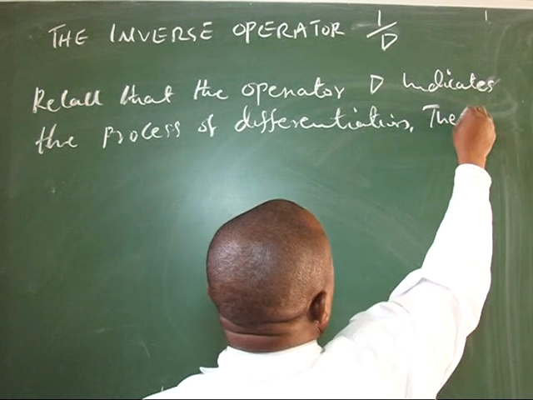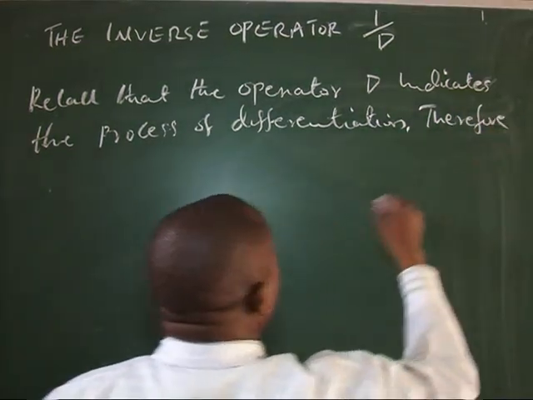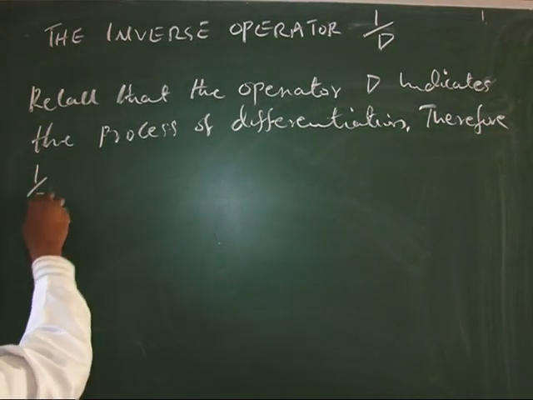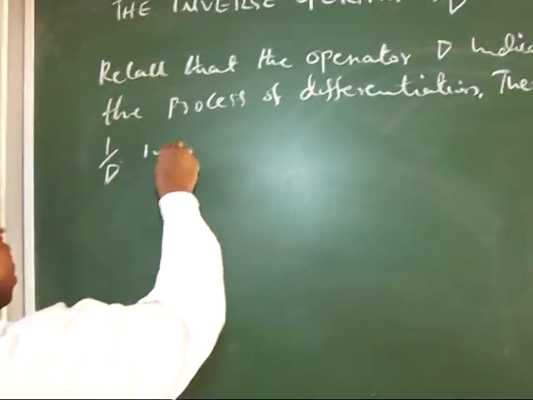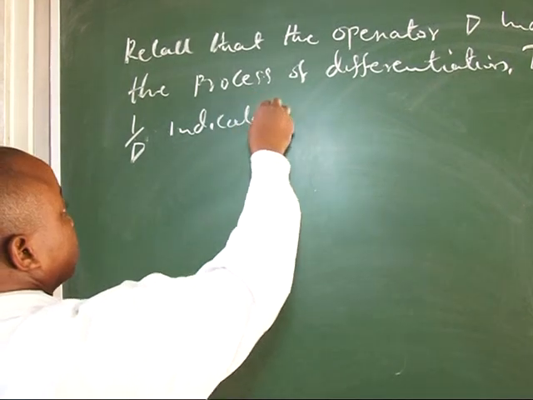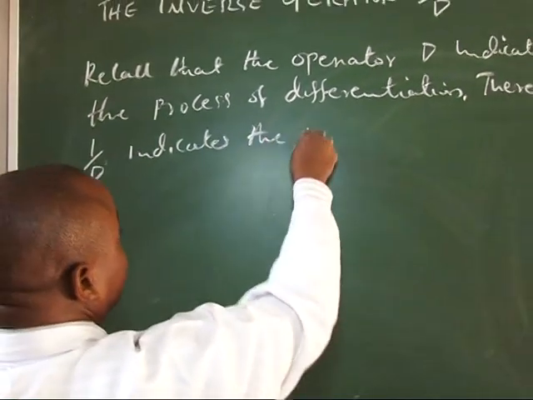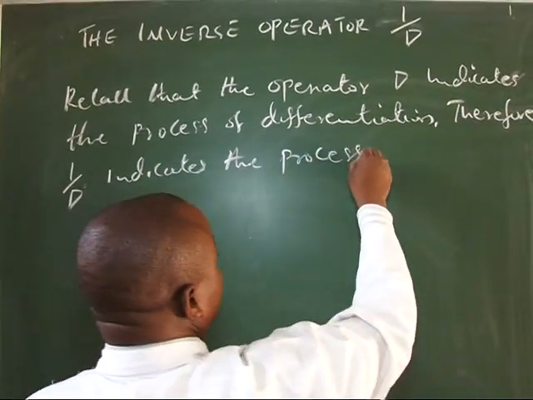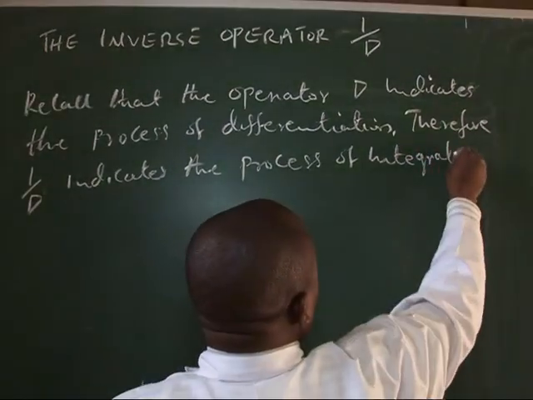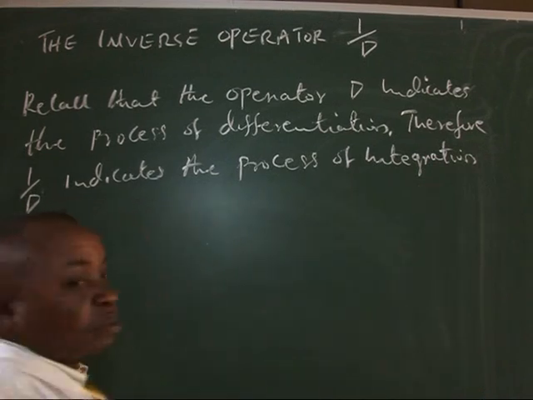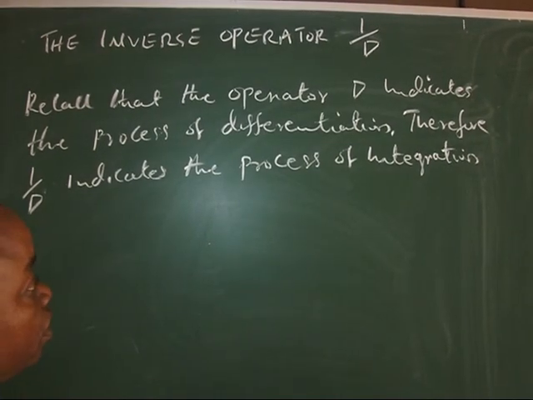Therefore, 1 over D, that is the inverse of D, indicates the process of integration.